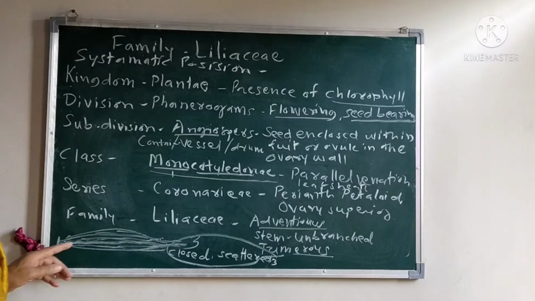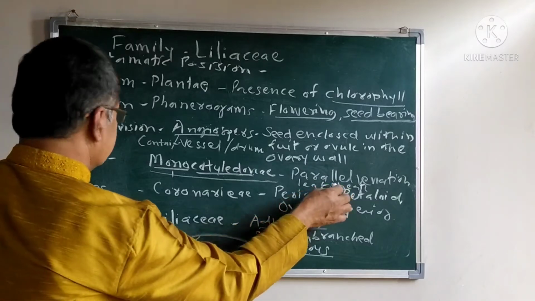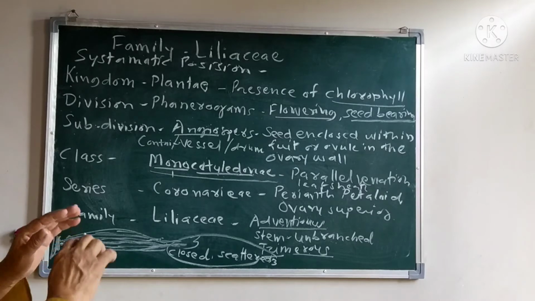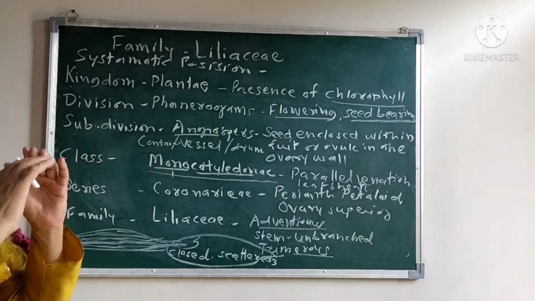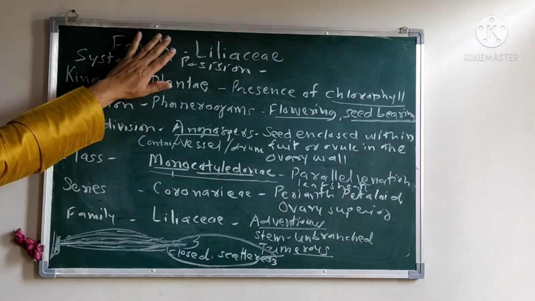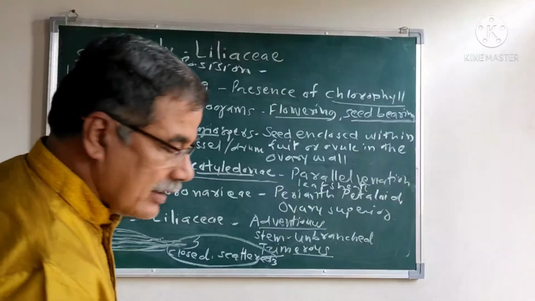That is known as parallel venation. And leaf sheath means the base of the leaf is expanded and surrounds the stem of the plant body. These are the characteristics of this classification.